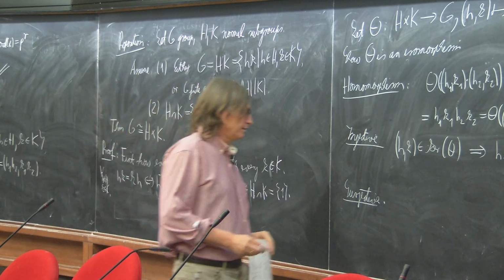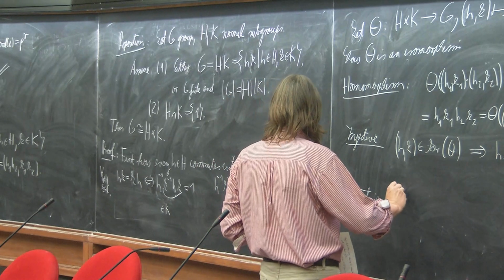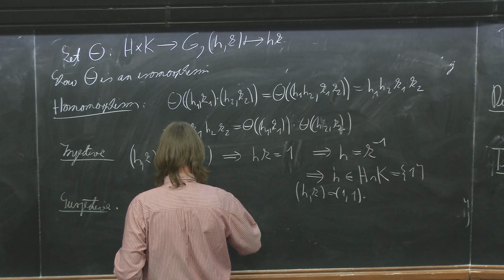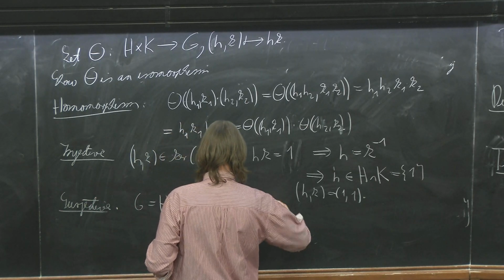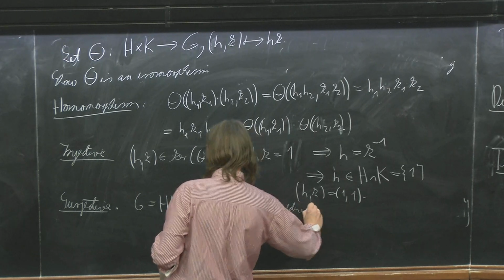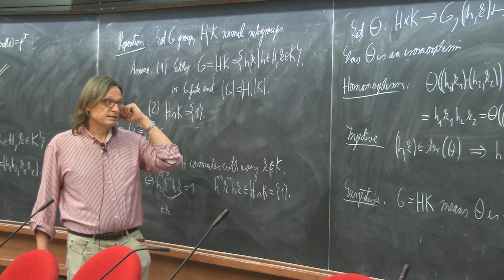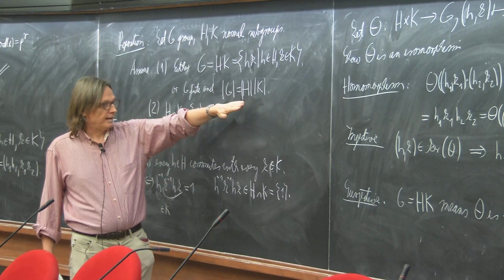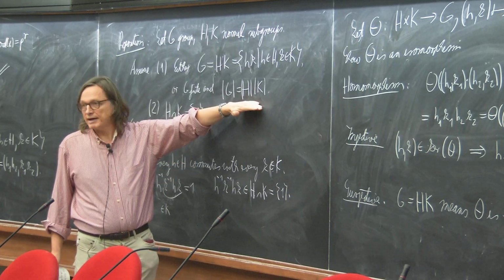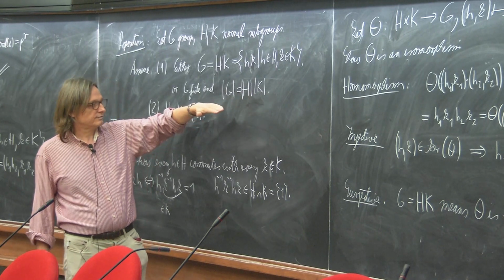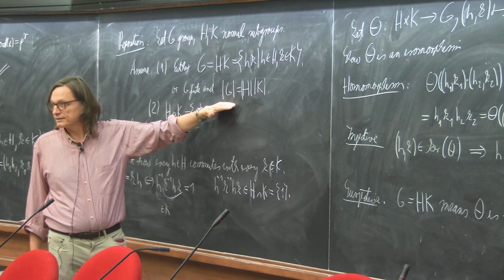So G equal to HK means theta is surjective. And the second assumption, if G is finite and the number of elements in G is equal to the product, means we have an injective map from a set with a certain number of elements to another set with the same number of elements, so it must also be surjective.